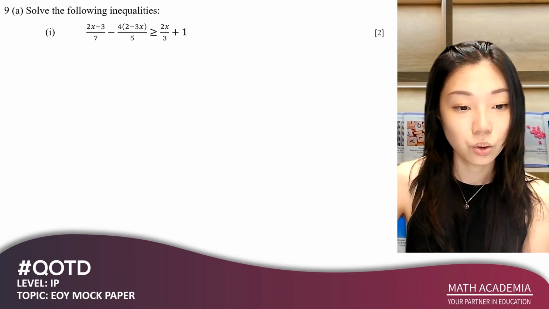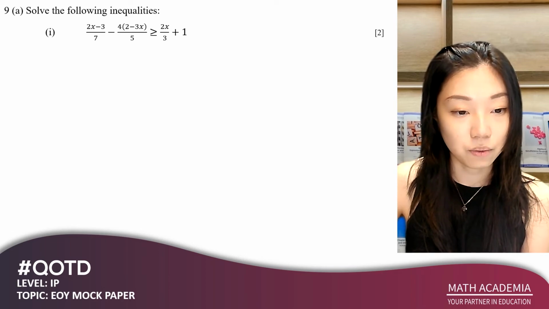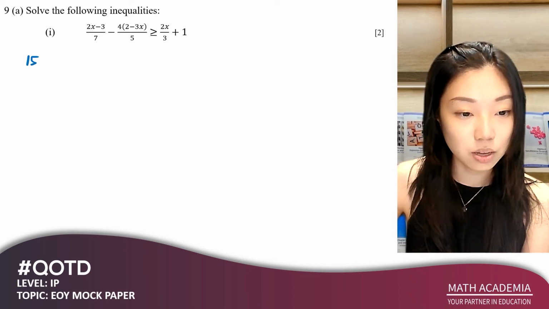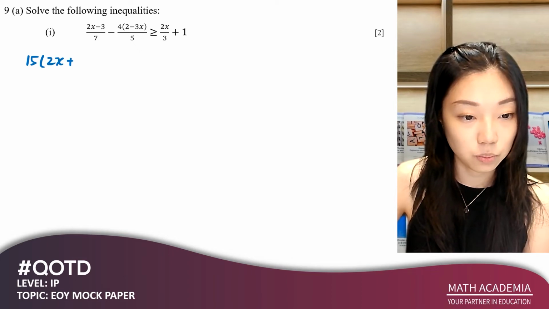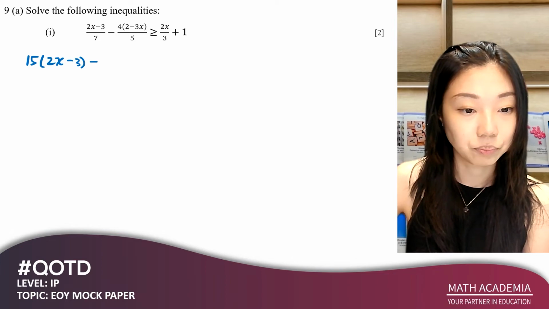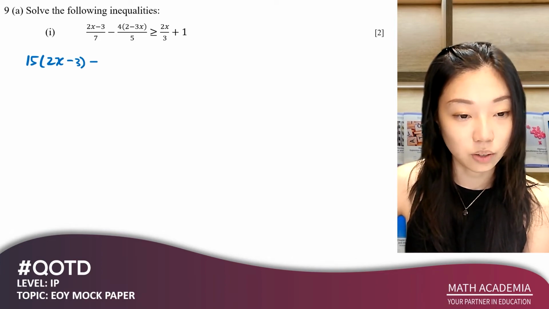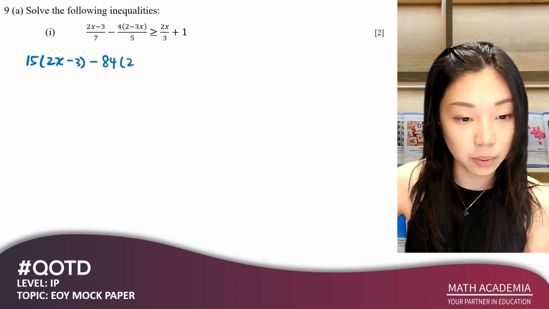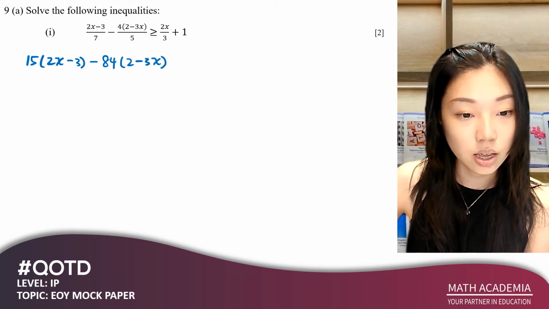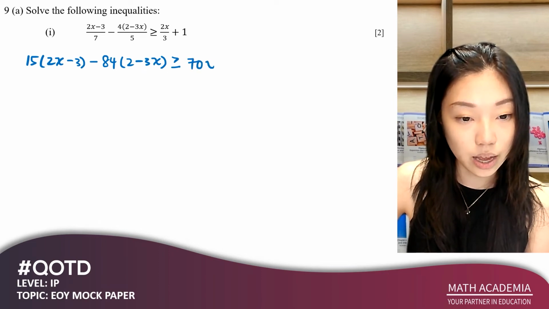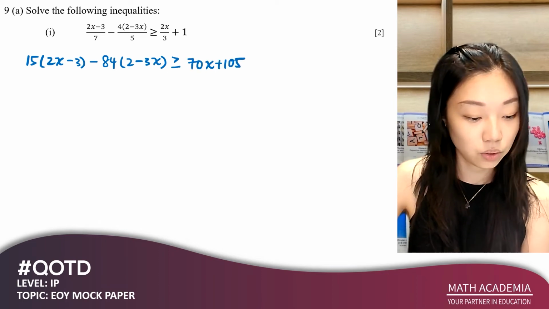So when I multiply 105 throughout the entire equation, I would have 15 multiplied by (2x minus 3) minus 21 multiplied by 4, which gives me 84, multiplied by (2 minus 3x) is more than or equal to 70x plus 105.